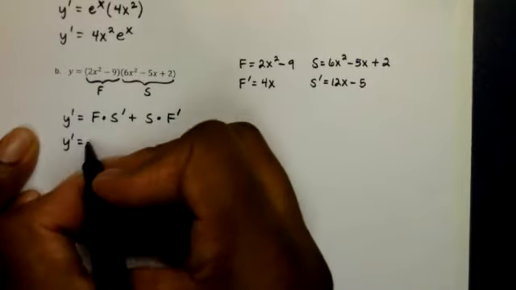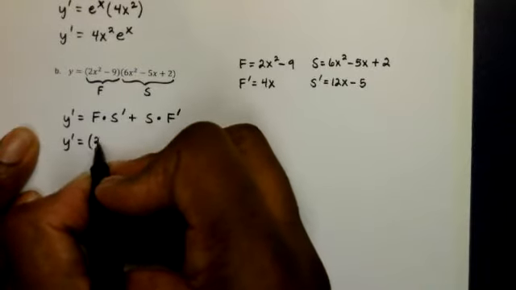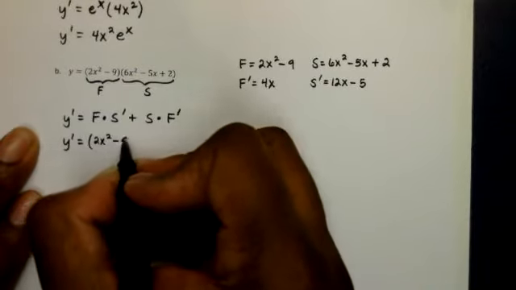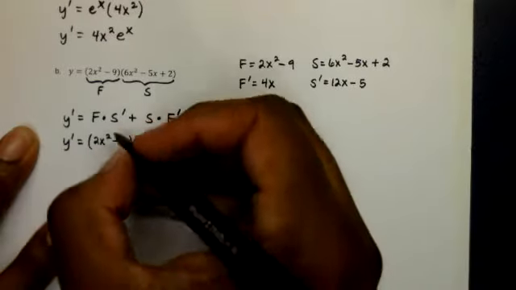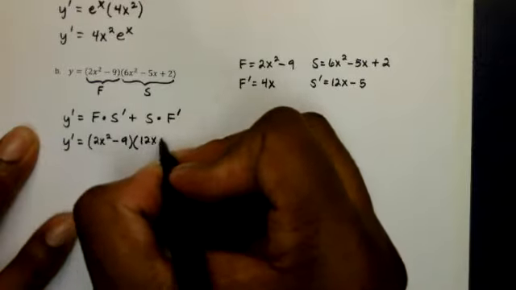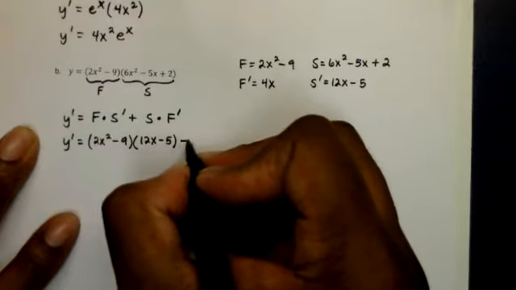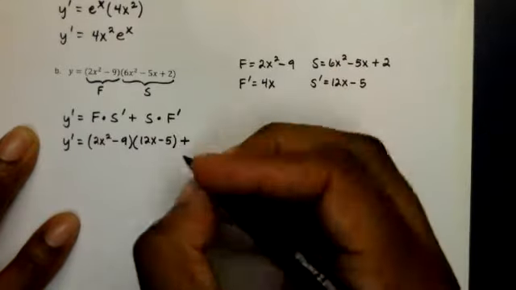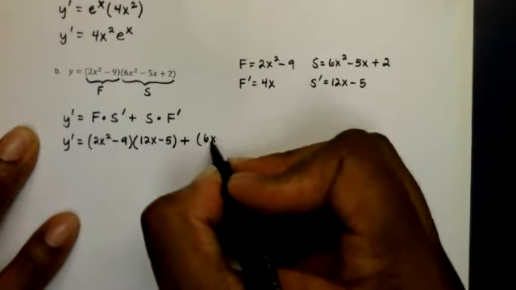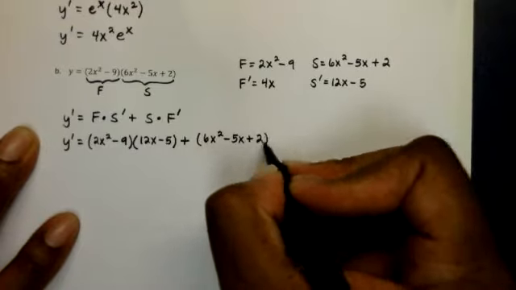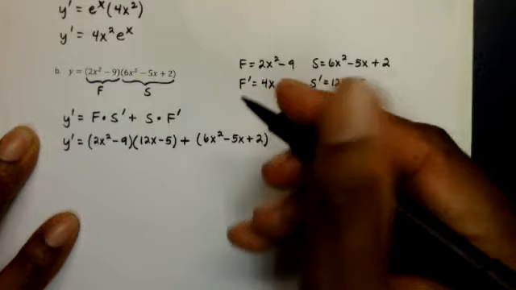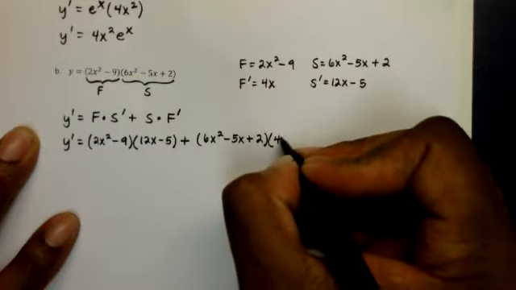So the first term was 2x squared minus 9, times the derivative of the second, 12x minus 5, plus the second, which is 6x squared minus 5x plus 2, times the derivative of the first term. That's 4x.